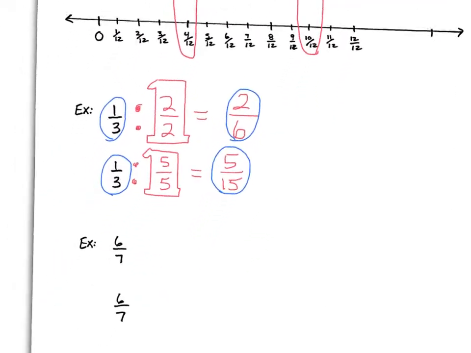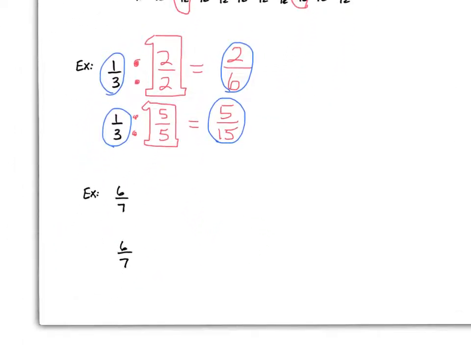Okay, another example, 6/7. I can multiply the top and the bottom by whatever I want. Let's multiply by 3 over 3, as long as I do the same thing on the top and the bottom. 3 over 3 is 1. I'm just drawing a big fat 1. Maybe instead of 3 over 3, I'm going to multiply by 10 over 10. 10 divided by 10 is 1.